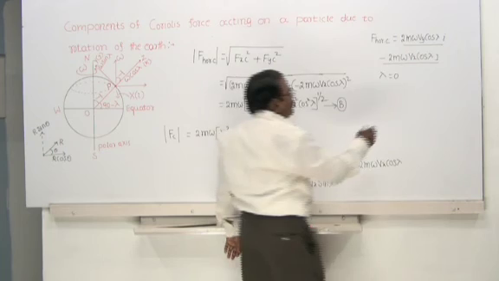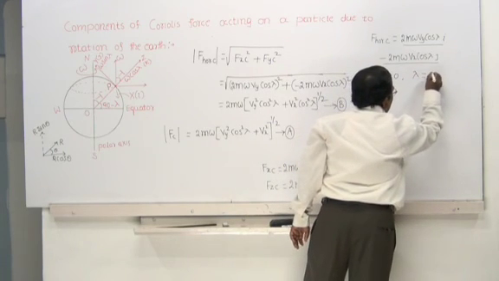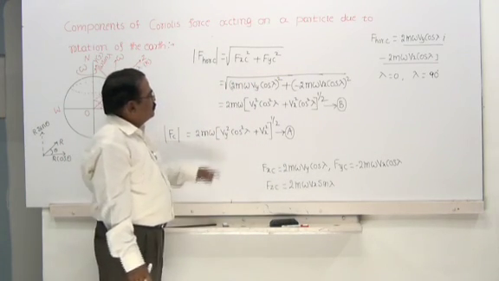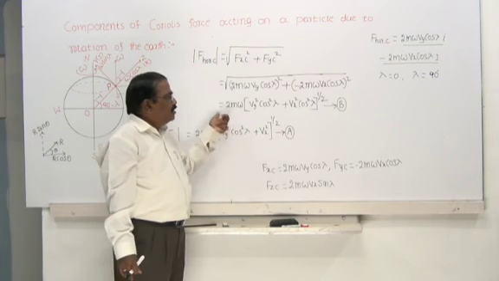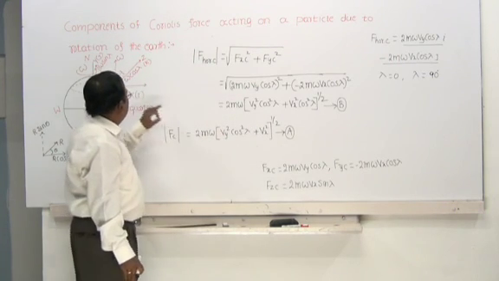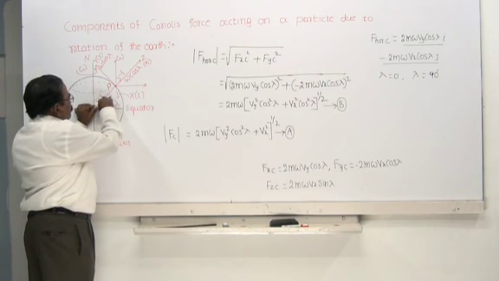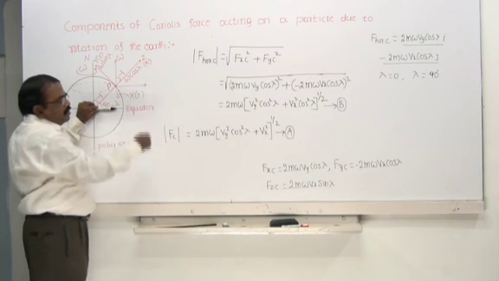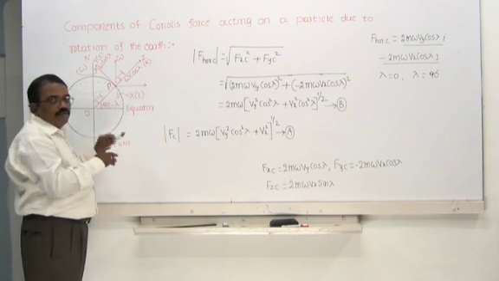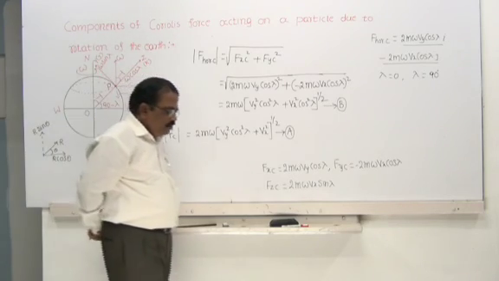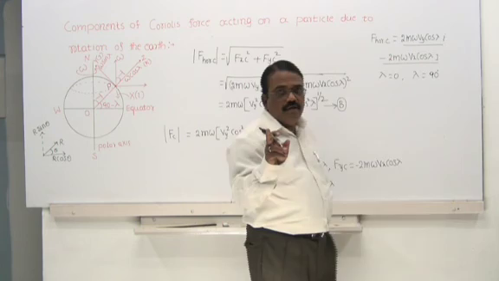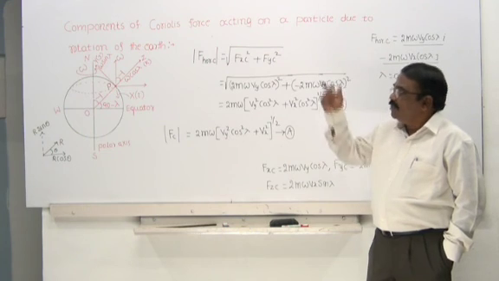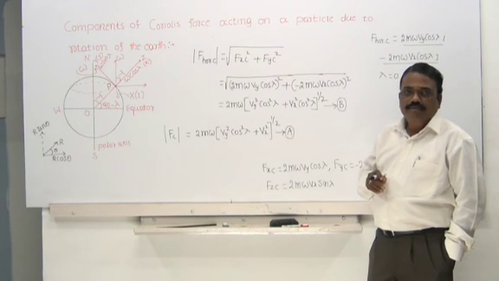If lambda is 90 degree, what happens? Cos 90 is 0, entire thing becomes 0. Means where it is 90 is at the equator. So cos 90 is 0, entire term is 0. You have to remember this. Magnitude of horizontal component is 0 at the equator, but it is maximum at the poles.